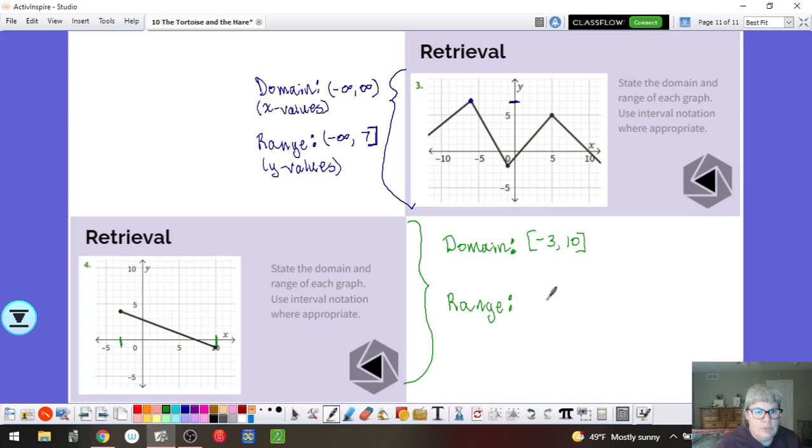For the range, its highest point is at 4, its lowest point is at -1. And when you write these interval notations, you always start with the smaller number first. So it goes from -1 to 4 is our range.